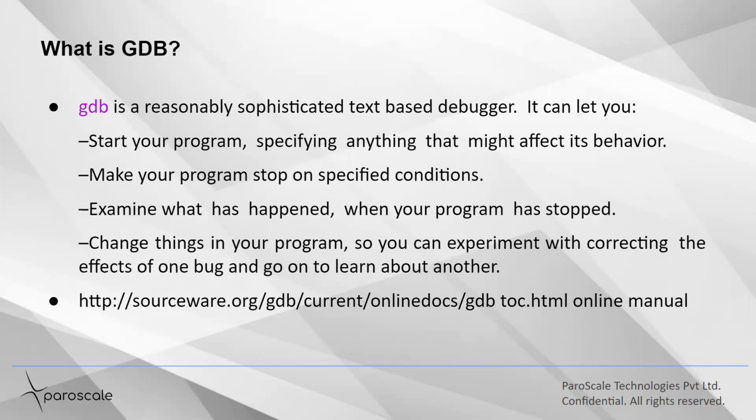So you can experiment with correcting the effects of one bug and go on to learn about another. This is an online manual where you can find the multiple commands used for GDB. There are multiple useful commands, and some of the common commands we will discuss with examples.